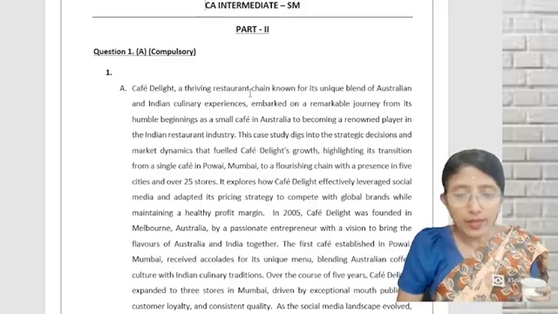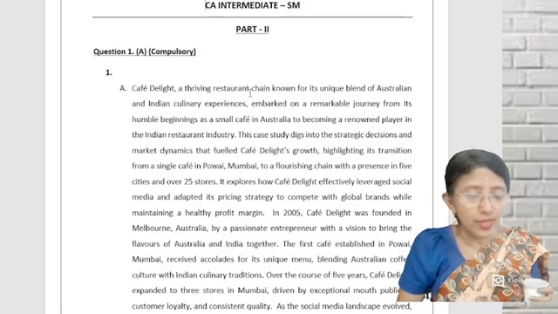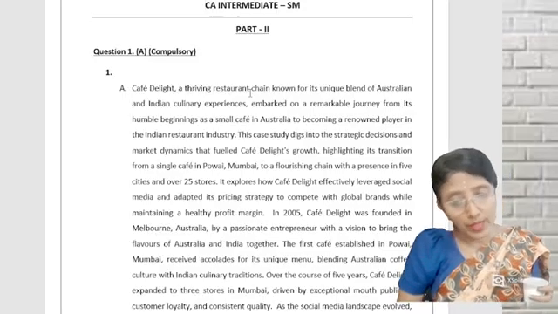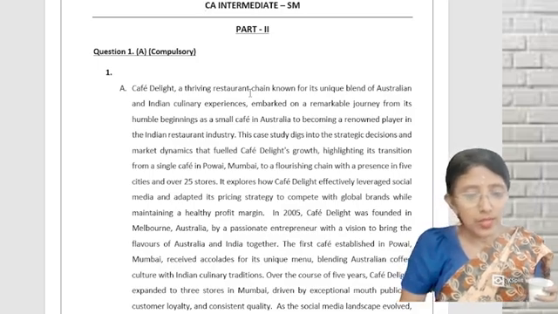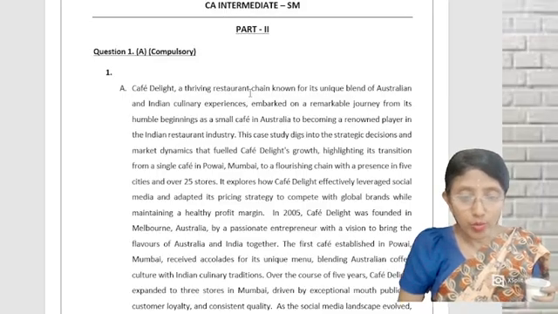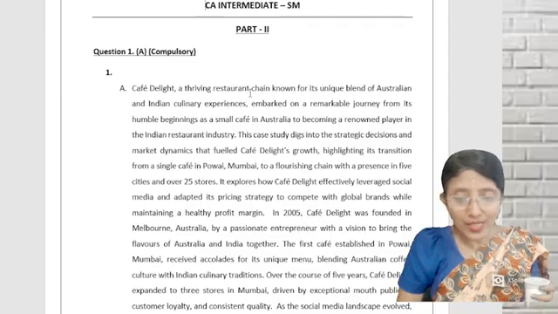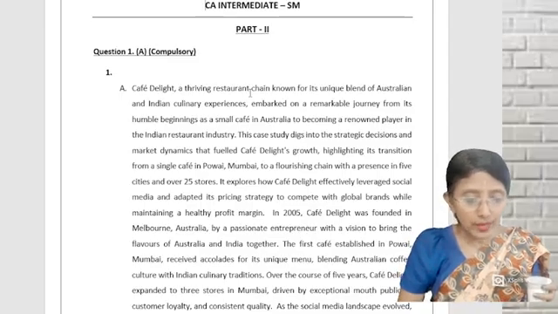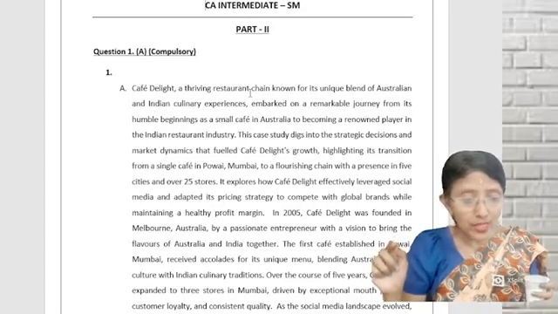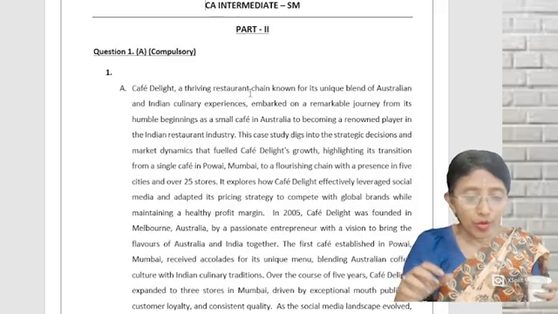This case study digs into the strategic decisions and market dynamics that fueled Cafe Delight's growth, highlighting its transition from a single cafe in Powai, Mumbai, to a flourishing chain with a presence in 5 cities and over 25 stores. It explores how Cafe Delight effectively leveraged social media and adapted its pricing strategy to compete with global brands while maintaining a healthy profit margin.